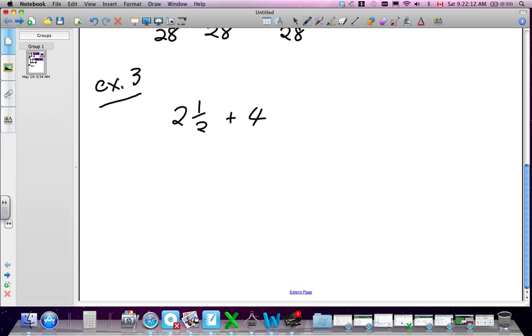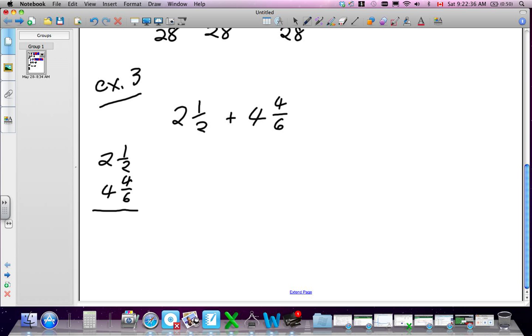Some of your teachers might ask you to line it up this way, but because we normally do multiplication, dividing fractions, adding fractions side to side, it might be easier if we just keep it side to side. So instead of doing this one over here, we're just going to solve it this way.